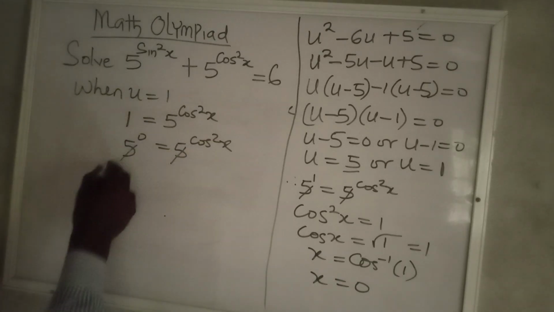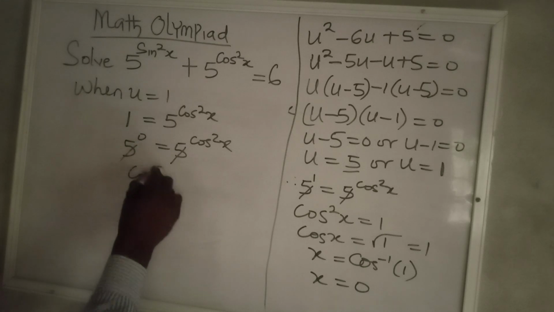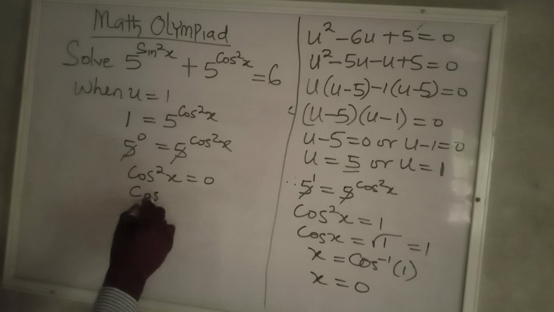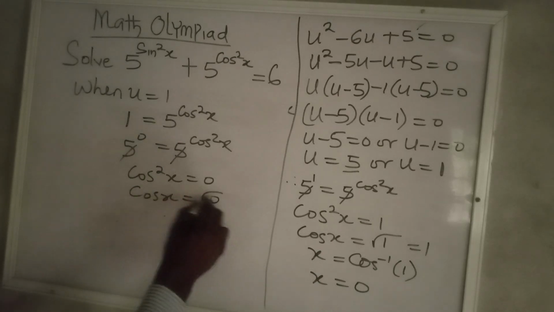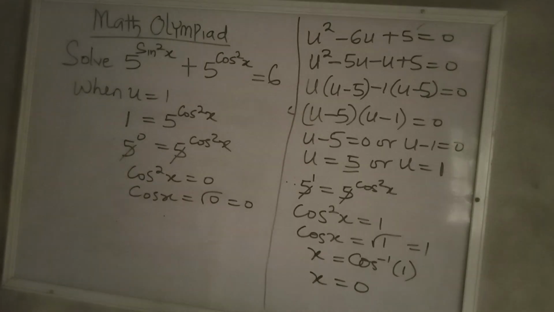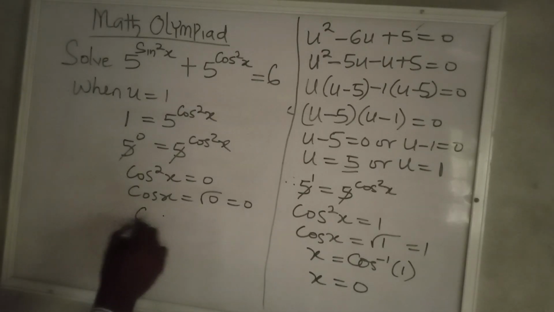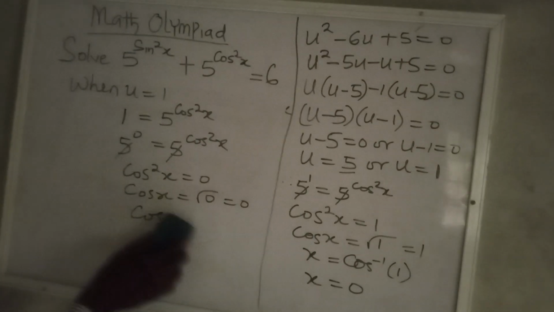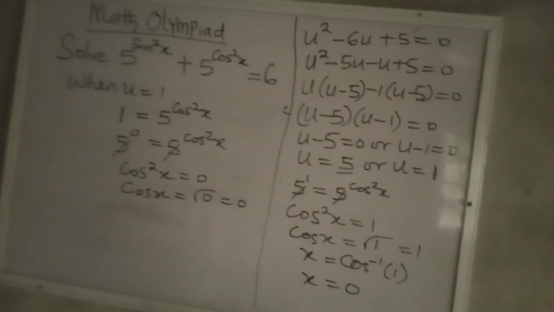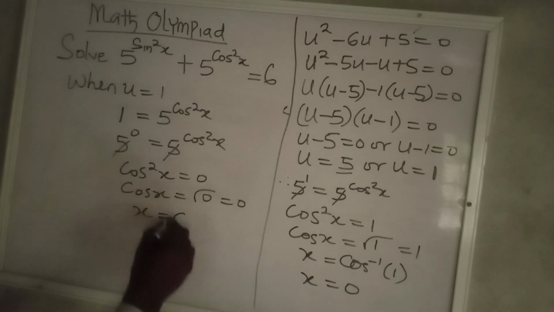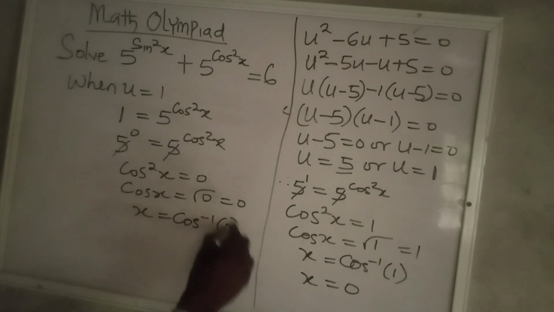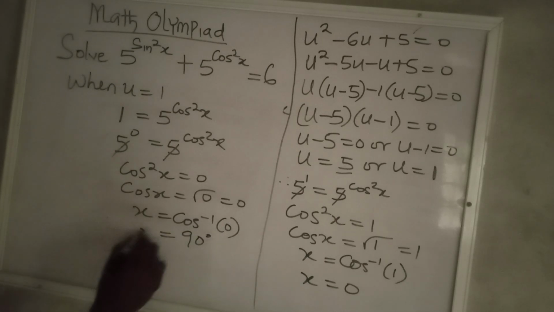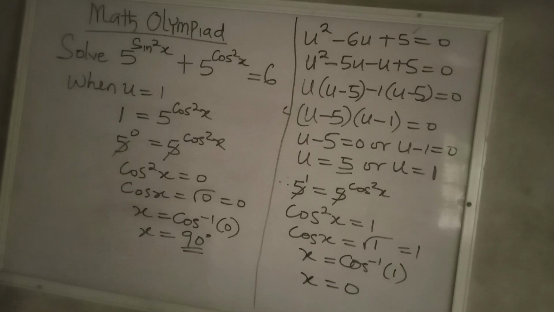So if this cancels this, we are left with cos squared x equals 0. Therefore, cos x equals square root of 0 equals 0. Therefore, x equals cos inverse of 0, and this gives us 90 degrees. x equals 90 degrees.